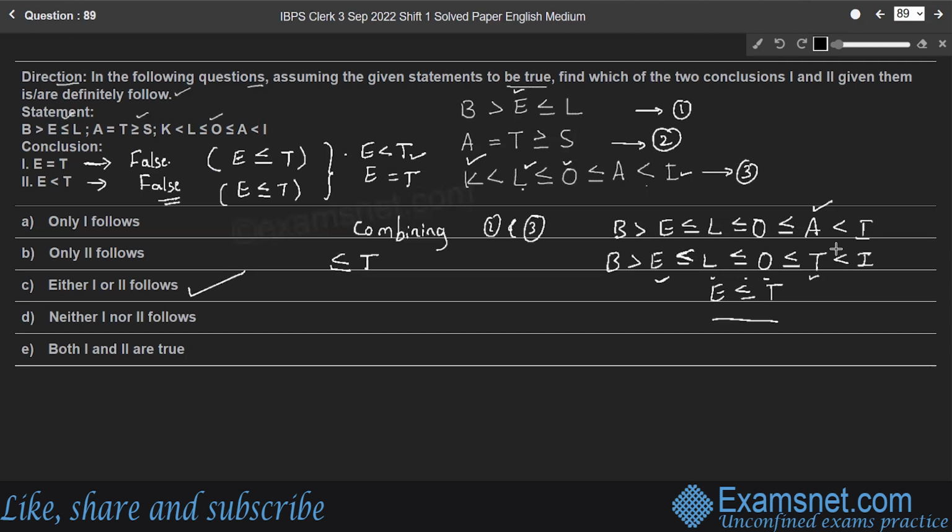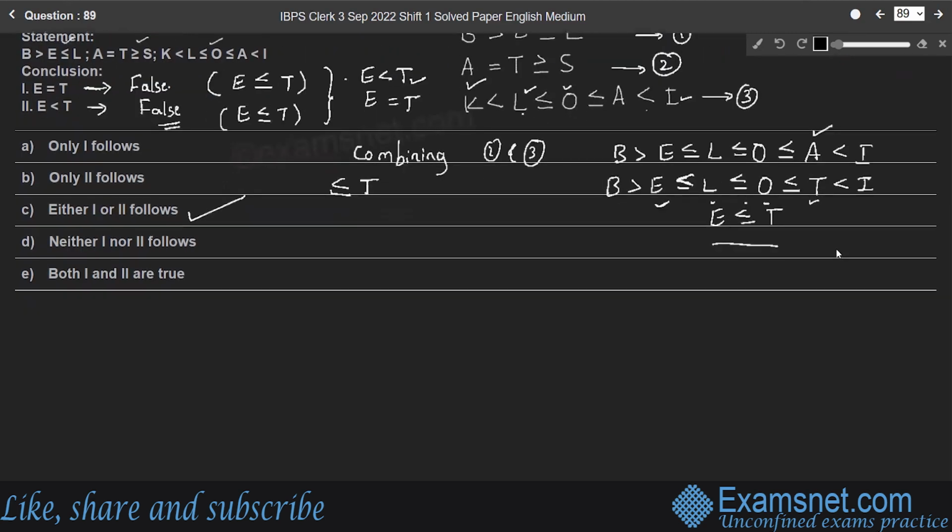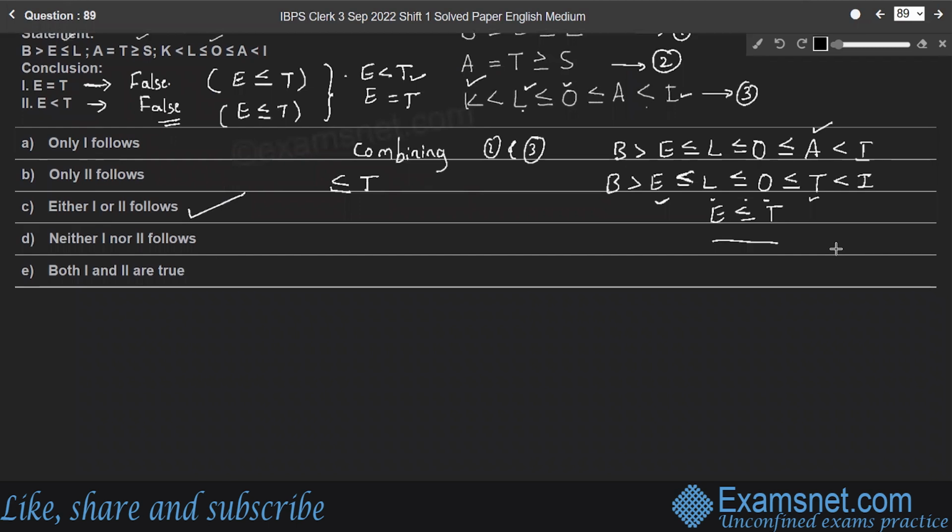Either 1 or 2. For your better understanding, I'll compare their relations. So by taking E as a line, here the relation between E and T is taken under consideration. I'll start from E. So let E be a line, which is less than or equal to L. Therefore, let us take L as a line where E is less than L, and in one more case, E is equal to L, right?